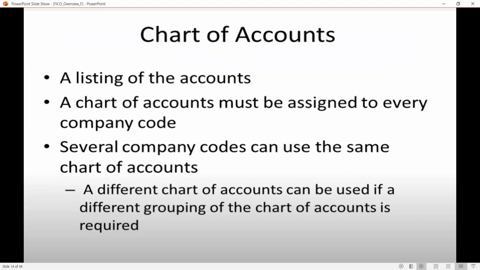So you create one chart of accounts for the Indian company in India, and that company may have several company codes in India. So those several company codes, even though they are of different businesses, can use the same chart of accounts, which is created at a higher level. So it is possible that a chart of accounts can be shared.